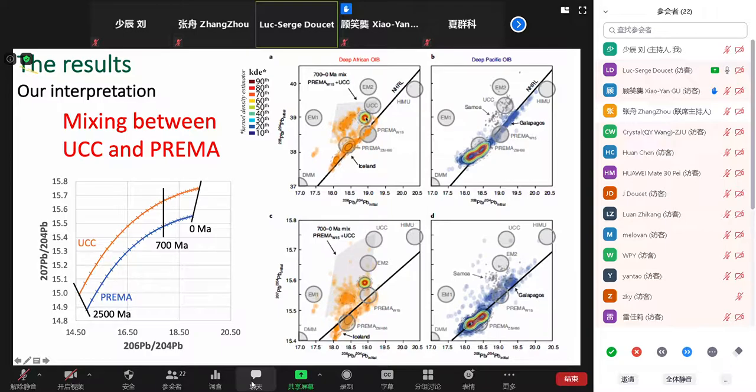The problem with these 2D diagrams, like lead ratios, is that the data points just overlap with themselves. You don't see the density of the data. I see, this is what we wanted to show here. So we want to see the distribution of the data, and it's not a simple histogram. It's a kernel distribution. So it's just a statistical distribution of your data represented in a 2D space.